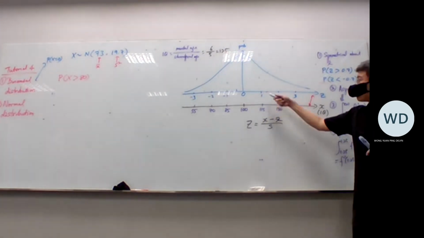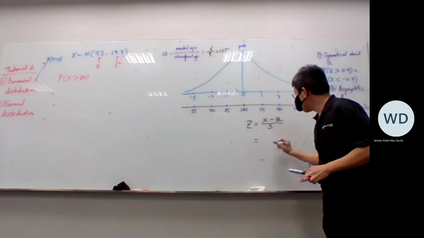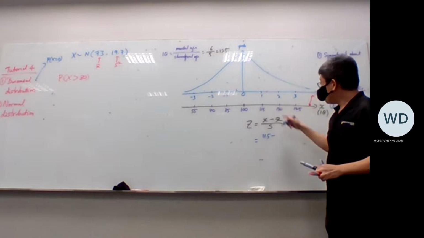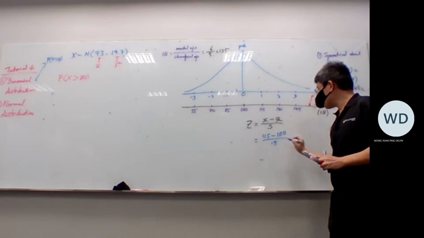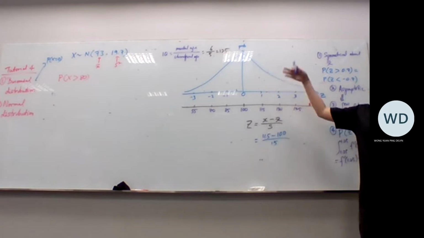So how do you get from 115 to 1? It is 115 minus the mean, which is 100, divided by the standard deviation of 15. So you get 1. So it works either way around.